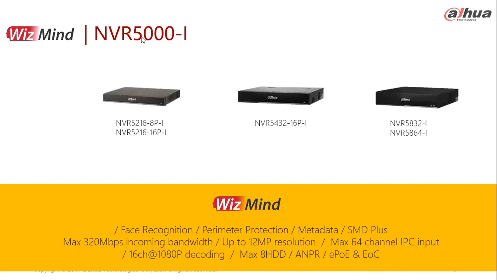So for the AI family of the NVR 5 series, we have facial recognition, perimeter protection, metadata, SMD plus, and a speed of maximum of 320 Mbps. So from this 320 Mbps, you can judge for yourself how many megapixels camera you can run at maximum to avoid those lags and dragging in the videos.